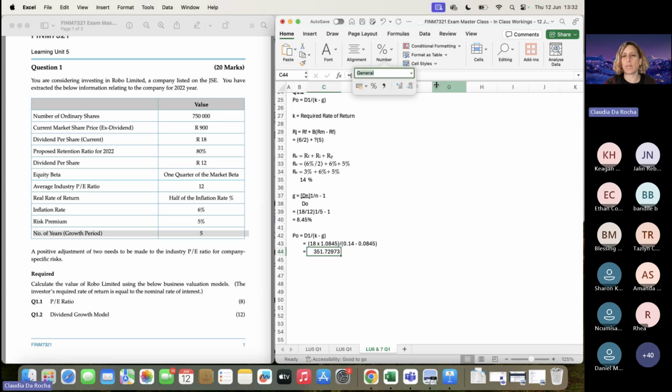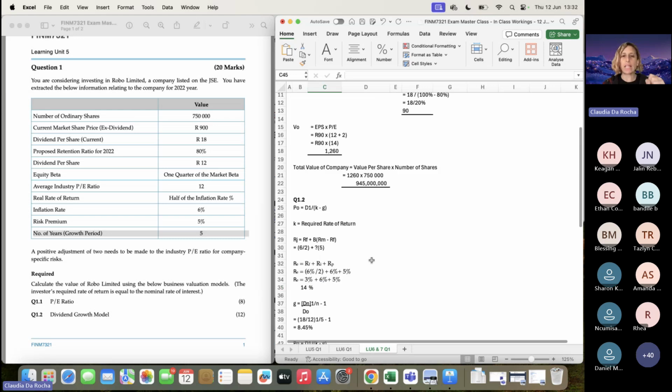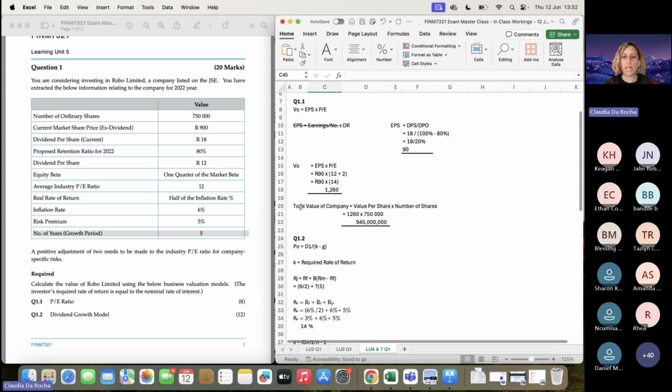If I round that up, 351.73. So with the dividend growth model, we are saying that per share, it's 351.73.